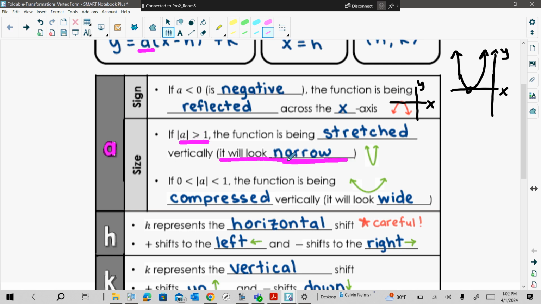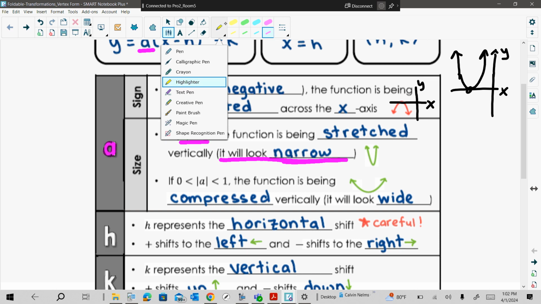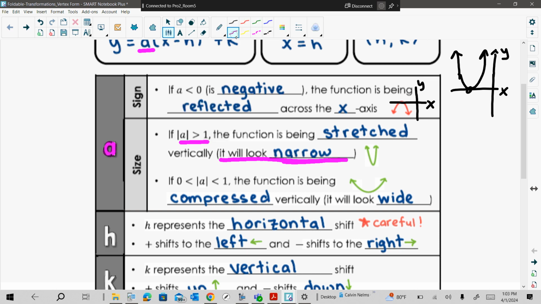We sometimes tend to say that it's going to get skinny. So the parent function is a basic U, but that U is going to get skinnier when it is greater than 1. So add that skinny to your notes.